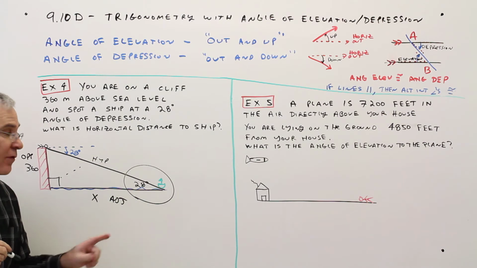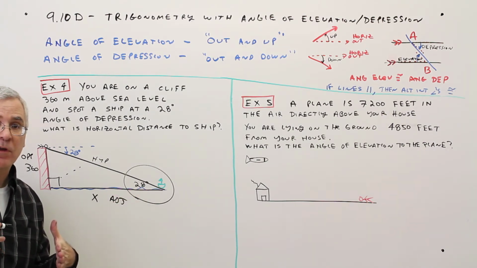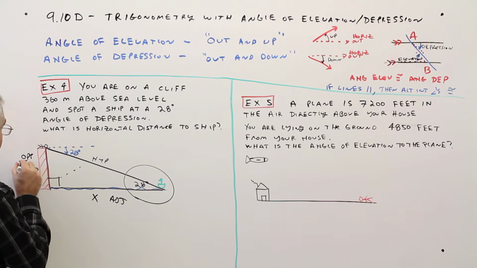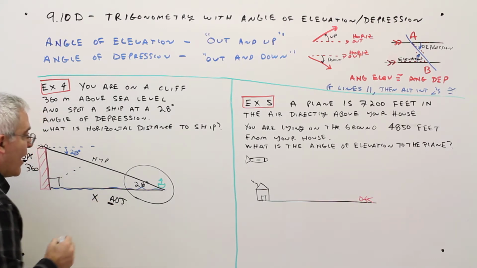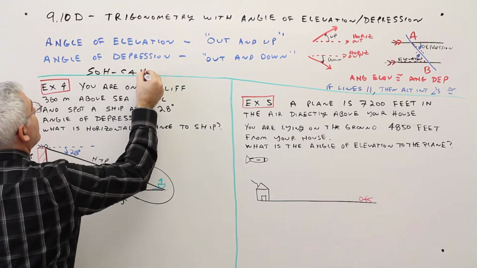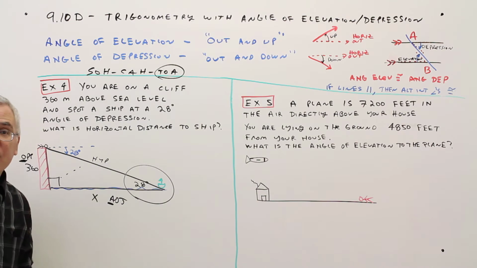All right, so now if I know the angle, I'm going to use regular trigonometry. Okay, so a side I know and a side I'm looking for. So I'm looking for a function that's got an O and an A. Once again, I'll write down SOHCAHTOA. An O and an A, that's going to be the tangent function.